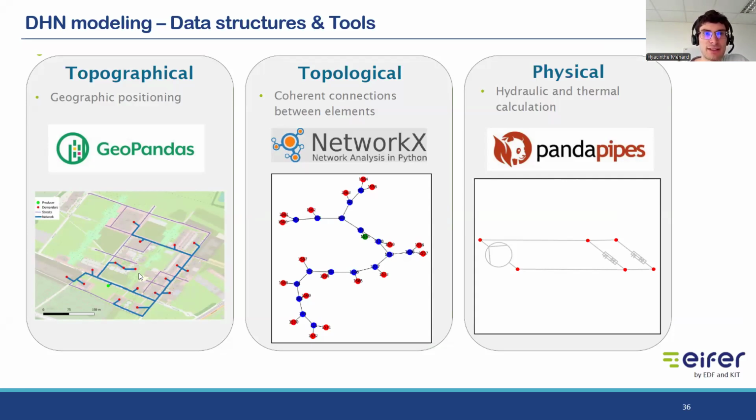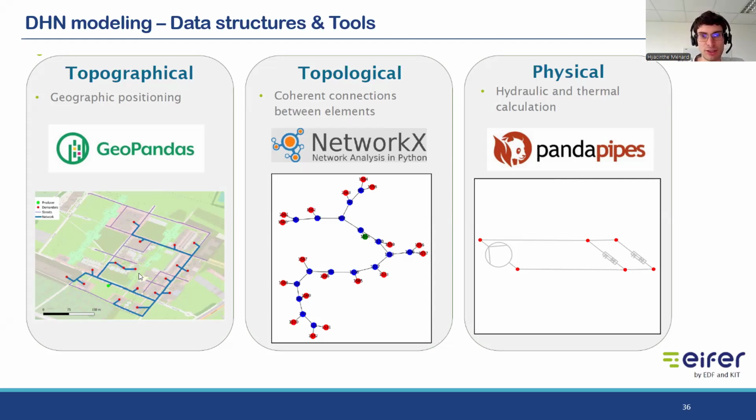And then the next step is to get a topological representation of the network from this, which would represent the coherent connection between the elements. So basically, from this list of pipes and substations, I have to create a graph that represents which pipe is connected to which other pipes or to which substations.